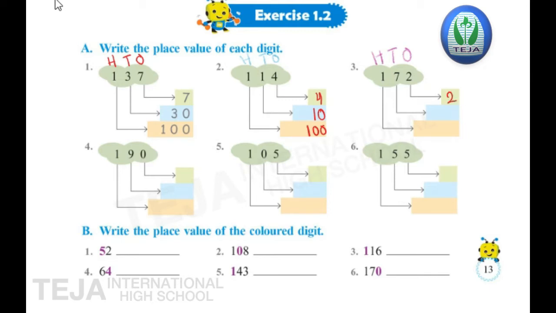Write 2 in the box. Next, 7 is in tens place. So 7 in tens place means how much is it? 70. Next, 1 is in hundreds place, so the value of 1 is 100. Okay, children. So the number, we'll read it as 172.